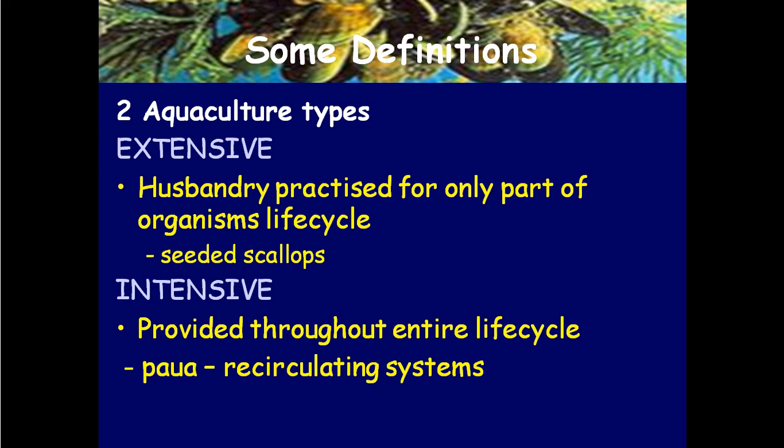Scallops are one where you capture the larvae that are just settling and then hold them in an aquaculture setting for a few months. Trout would be another one where you have a few breeders, or you capture breeders from the wild, and then you take their eggs, and when they're fertilized, you grow the hatchlings until they are past the point of their life cycle where they're most likely to die.